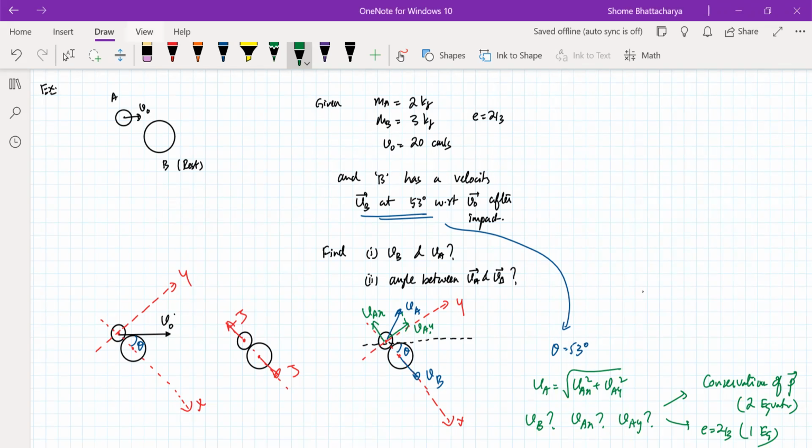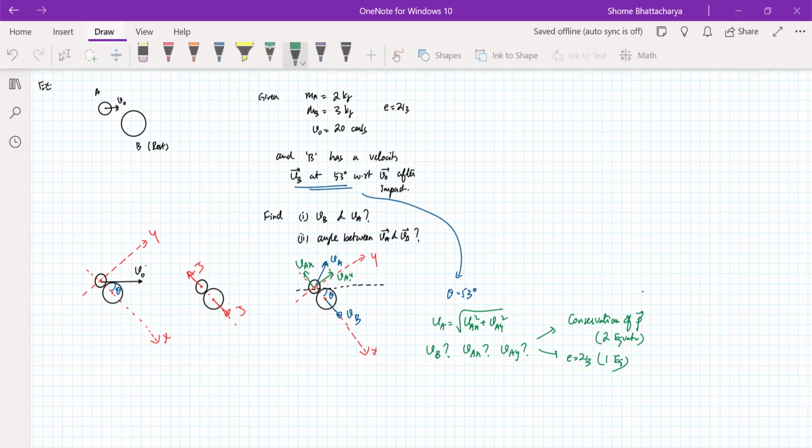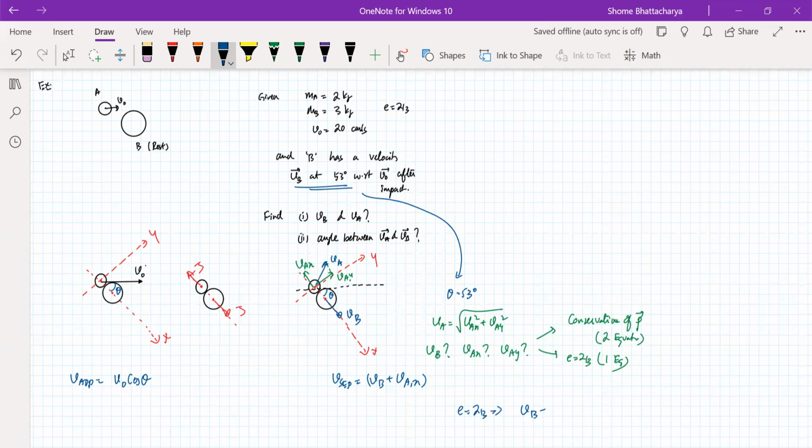Okay, so now I'm writing down the equations. You can see that in the first diagram, the approach velocity is V naught cos theta. In this diagram, the separation velocity is VB plus Vx. The coefficient of restitution is 2/3, which implies that the separation velocity is equal to 2/3 of the approach velocity.